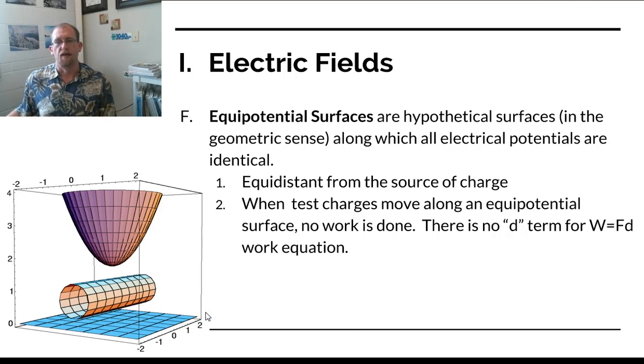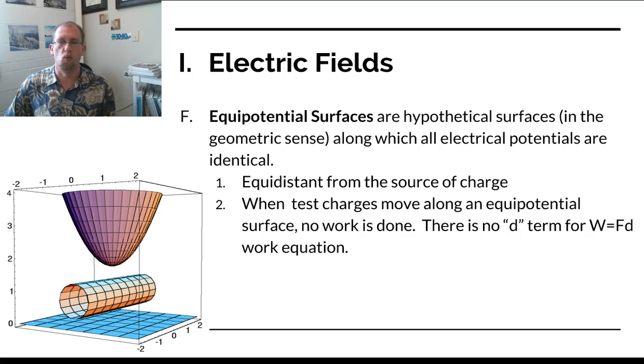Alrighty. The last concept that we're going to cover today is kind of different from the others. We've been talking about fields, and we've been talking about voltage and charge separation. Now imagine that there is a series of points in a field where the voltage is identical across all of those points. It has the same force from the field.